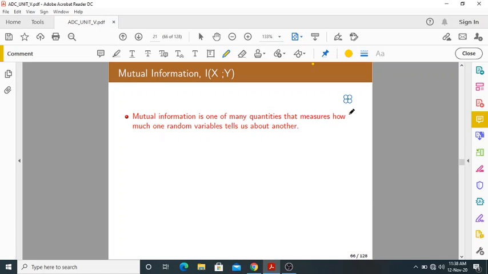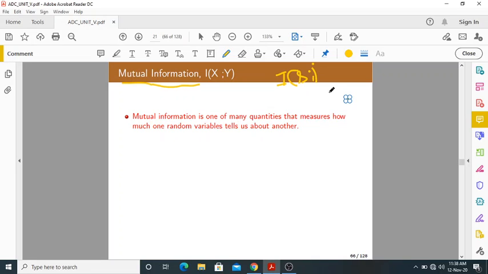Now comes another type of information that is called the mutual information. In the last class, we studied self-information. I told you I of Si, or simple information. Correct?